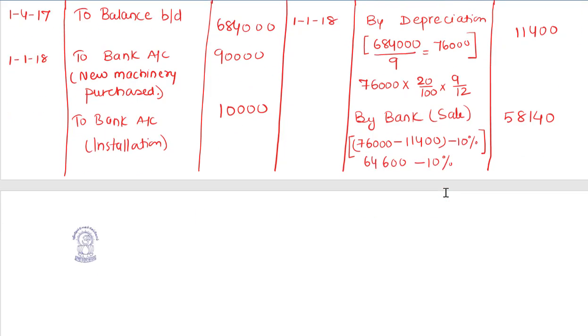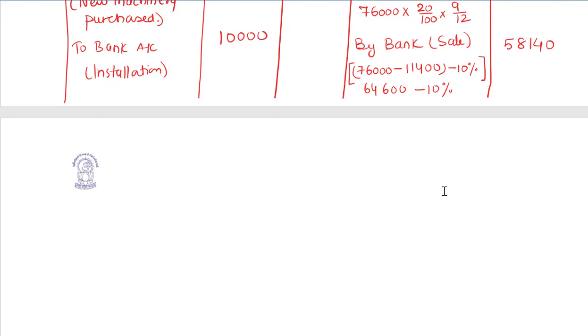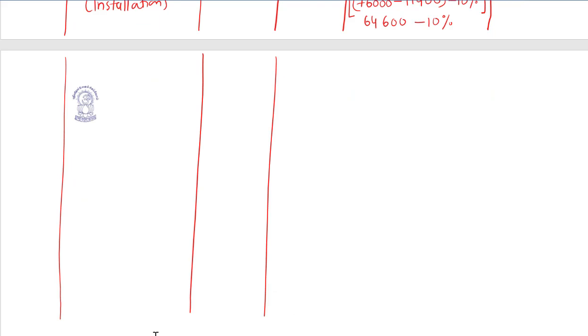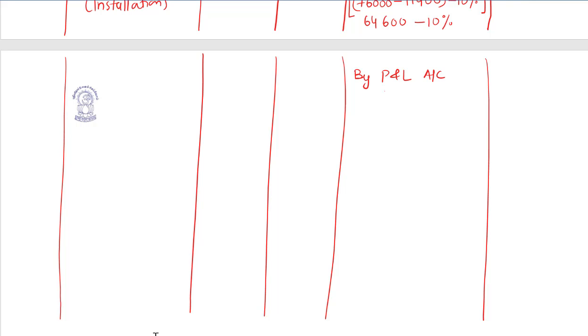58,140. So we have calculated the depreciation and the sale price. Now we need to calculate the loss. Stretch these lines a bit. By profit and loss account, this is loss.